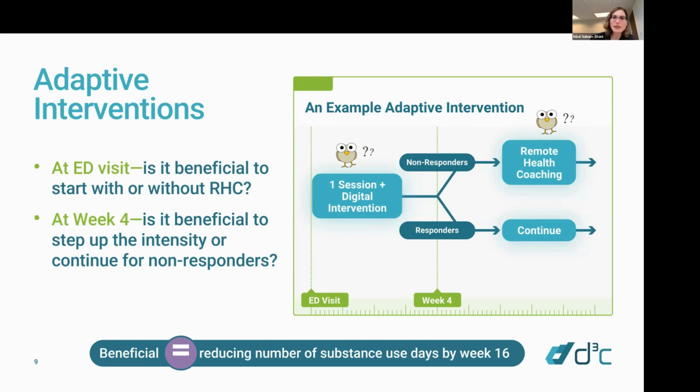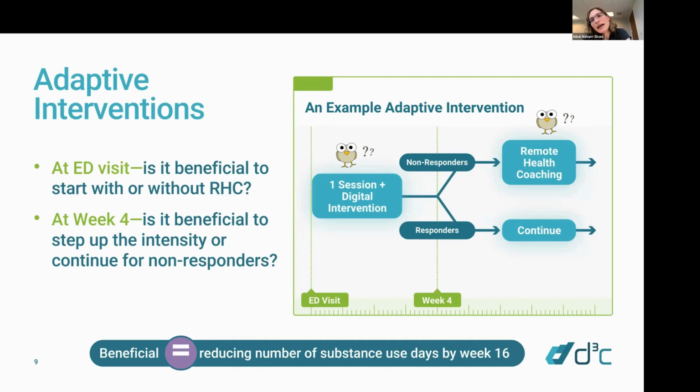The assumption here is that I should start with relatively minimal support. But I wonder if it would be more beneficial in terms of reducing the number of substance use days by week 16 to actually start with a little bit of coaching, bring coaching right off the bat, in addition to this minimal support. So that's my first question.